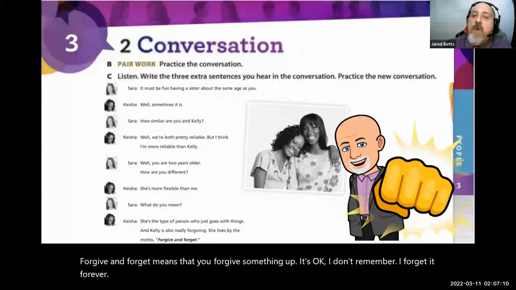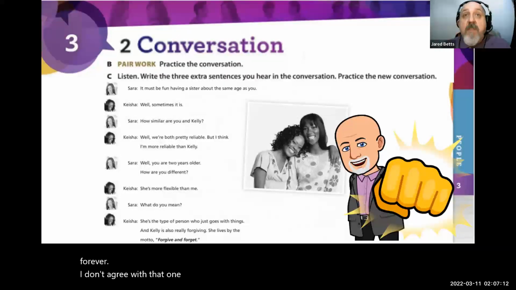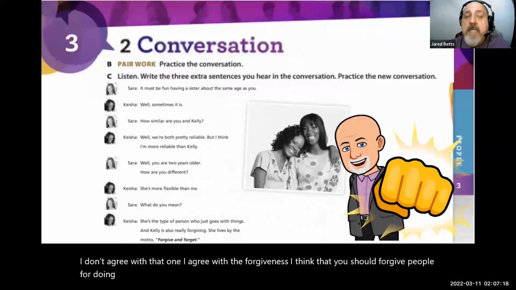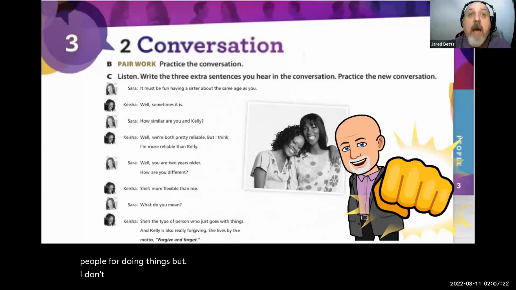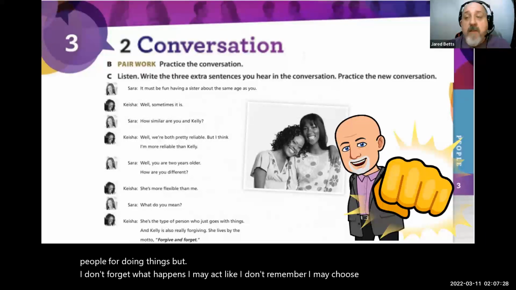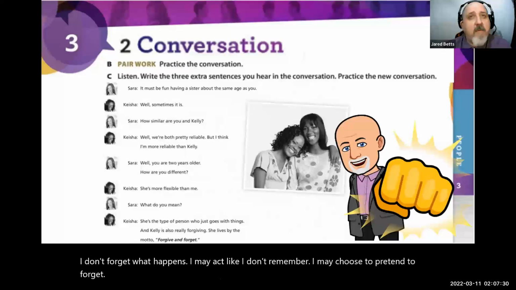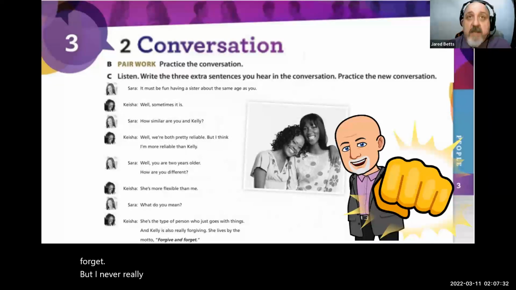I don't agree with that one. I agree with the forgiveness. I think that you should forgive people for doing things, but I don't forget what happens. I may act like I don't remember. I may choose to pretend to forget, but I never really forget when something is done.